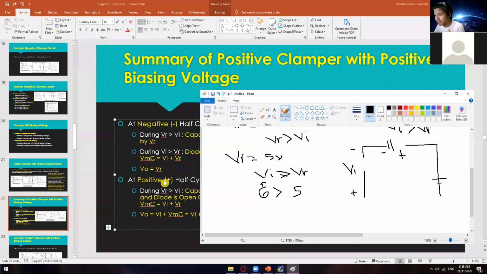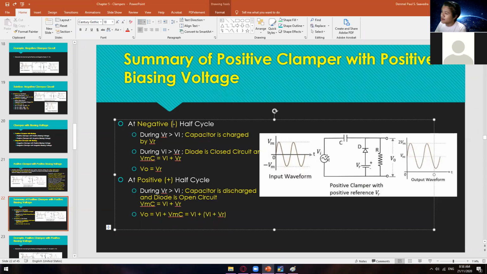We should start in negative because again, we're looking for a closed loop wherein it will be charged by our V sub I, because as always, our V sub I is greater than V sub R.